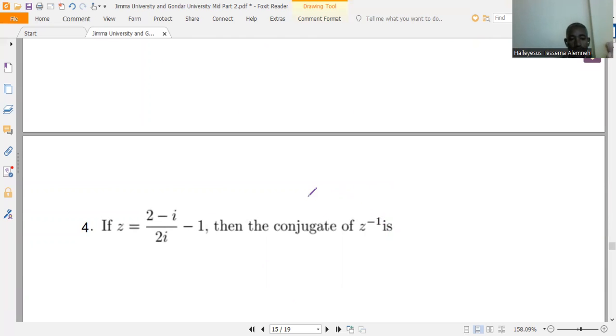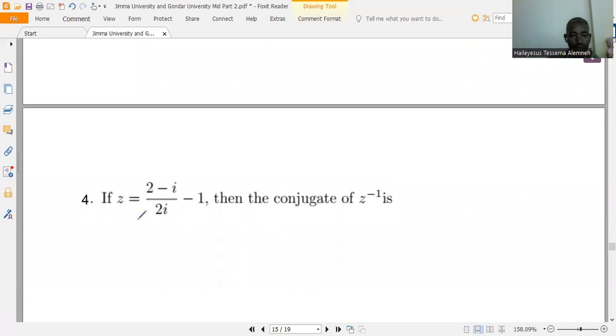The next question is: if z is equal to 2 minus i over 2i minus 1, then find the conjugate of z inverse.